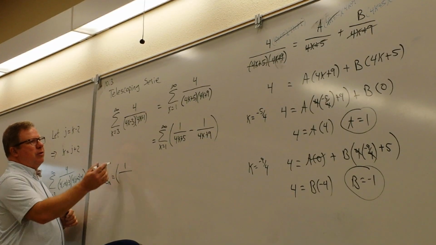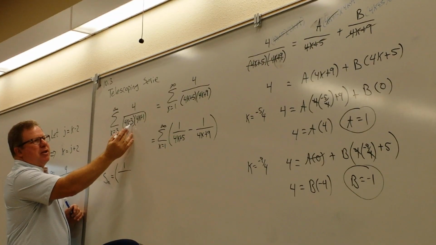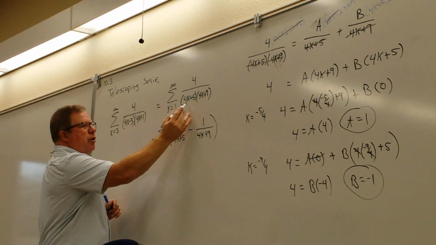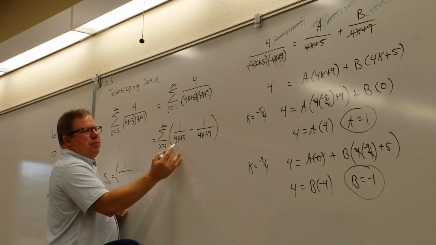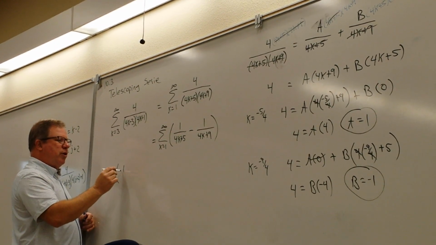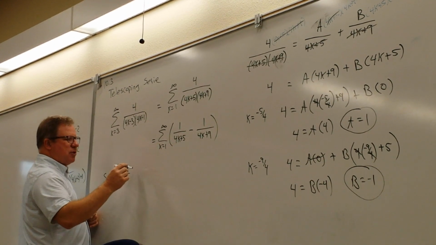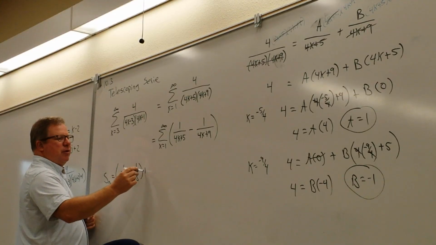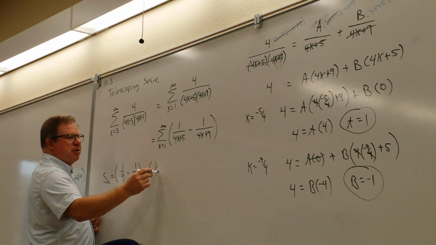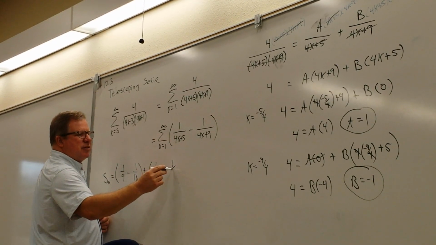So when we put in 1, we get 4 times 1 is 4, minus 3 is negative 2, no, I'm sorry. Now we're going off of this. Over here, I messed up. 4 times 1 is 4, plus 5 is 9, so we're going to get 1/9 minus 4 times 1 is 4, plus 9 is 13, 1/13. Now we're putting in 2, that'll be 8 plus 5 is 13, minus 8 plus 9 is 1/17.